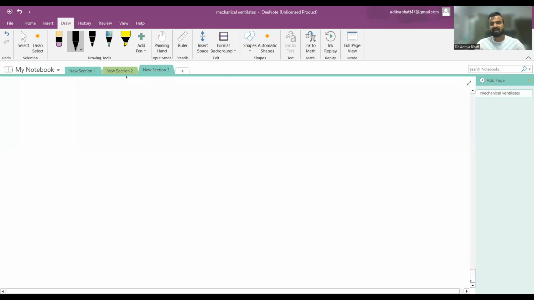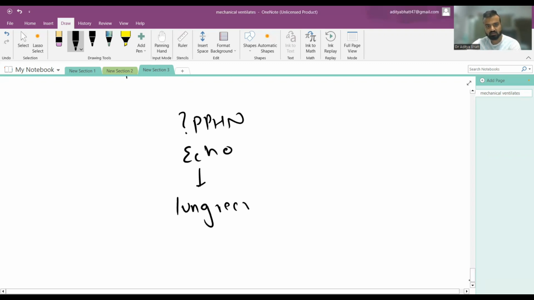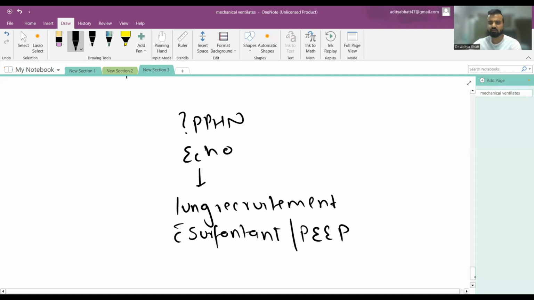So we will summarize it for understanding. When you have a suspected PPHN, do an echo, and do lung recruitment with surfactant and a momentary increase in adequate PEEP.